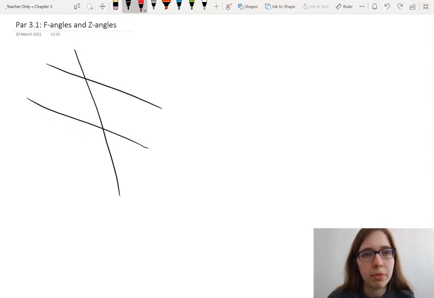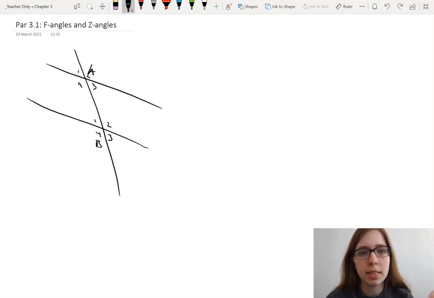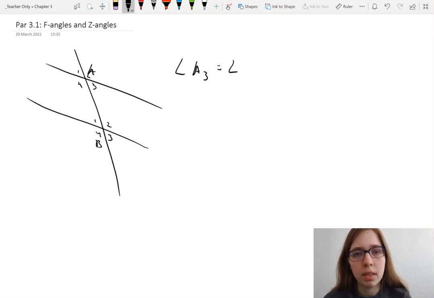So if I mark these for a moment, if I say this is A, 1, 2, 3, 4, B, 1, 2, 3, 4, then from the Z angle I just made, I see that A3 is the same as B1. So I can say angle A3 equals angle B1 as a Z angle.